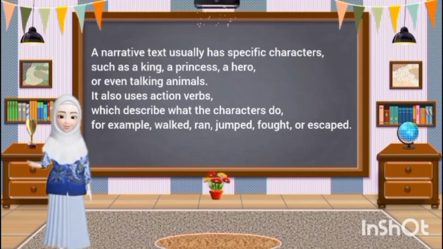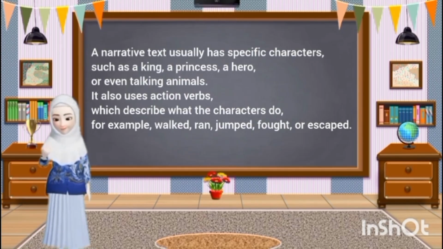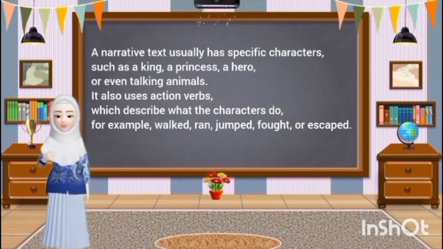Now, let's move on to the language features of a narrative text. A narrative text usually has specific characters, such as a king, a princess, a hero, or even talking animals. It also uses action verbs which describe what the characters do.